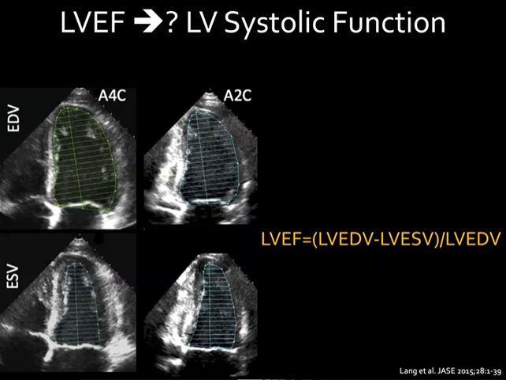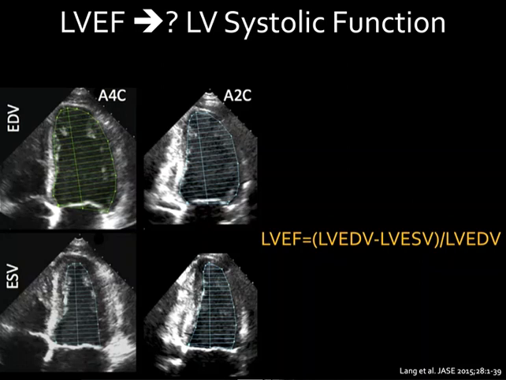We use this as a surrogate for systolic function, but we know that this is not always the most accurate idea of what's going on with systolic function. Even though we use it as a surrogate to be synonymous with systolic function, you can have a low output state in someone with a normal ejection fraction, and you can have a normal output state in someone with a low ejection fraction.